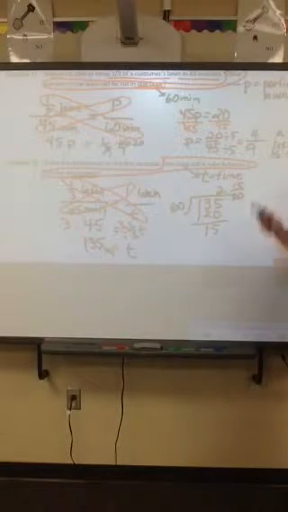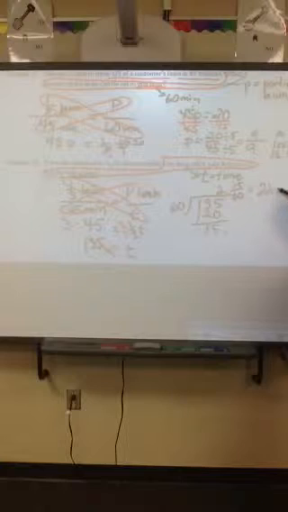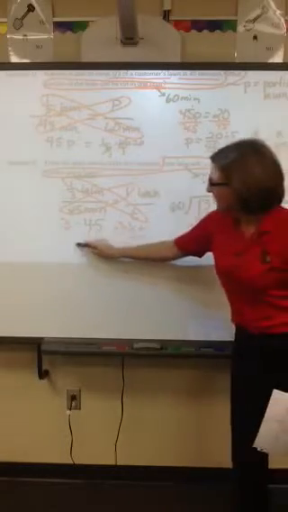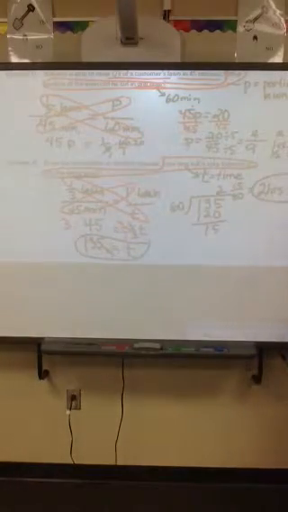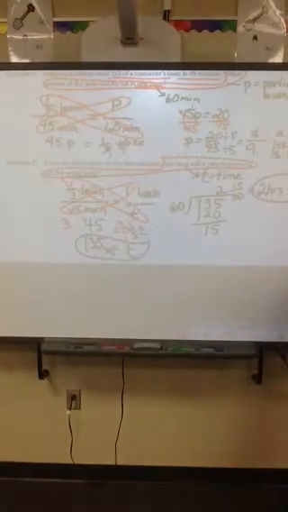Well, that's in minutes, so that means 2 hours and 15 minutes. And again, it didn't tell us to put it in hours and minutes, so if you left it like that, unless they asked you to, I would accept that answer.